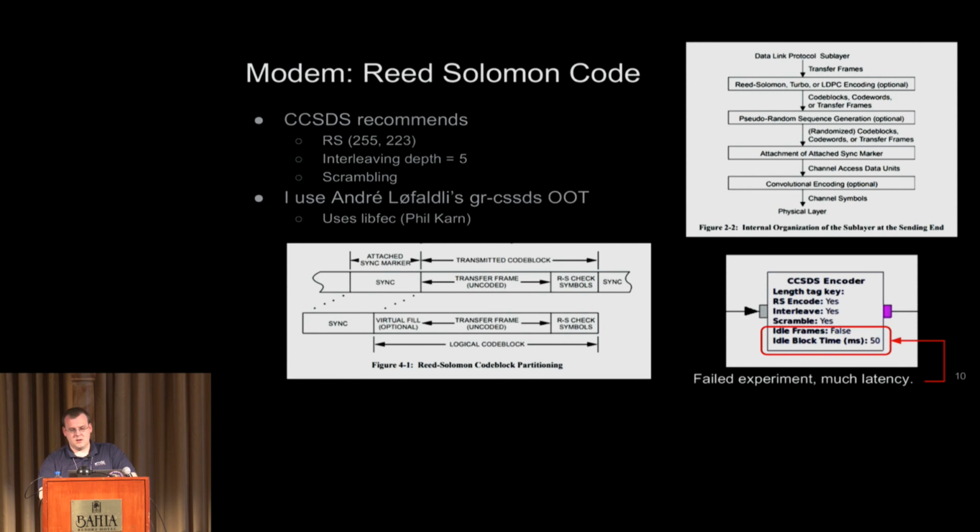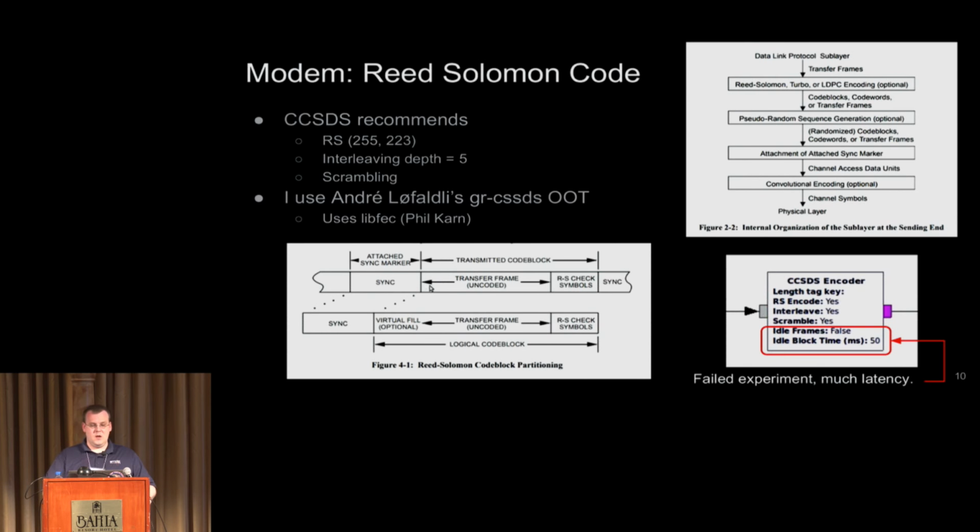And you can see in that little description of the block there, early on, up front in the modem, I was inserting the idle frames as soon as possible in the CCSDS encoder. That was a terrible idea, and I'll talk about that later, but it added a ton of latency, to the point where doing IP transfers had a latency of like 20 seconds. So not great. Some of these other diagrams, I don't think the pointer shows up.